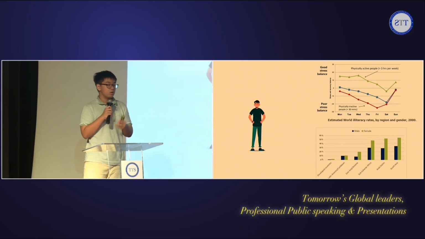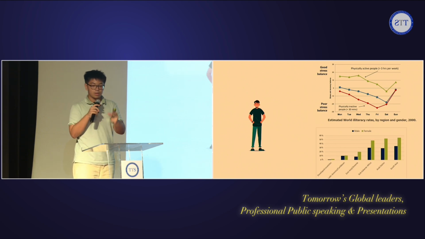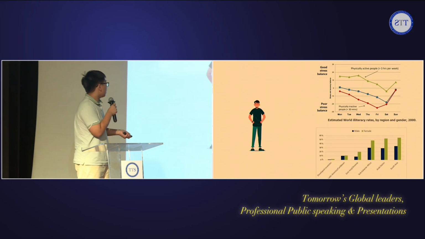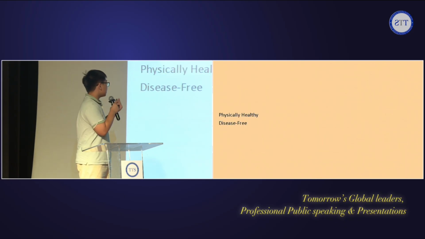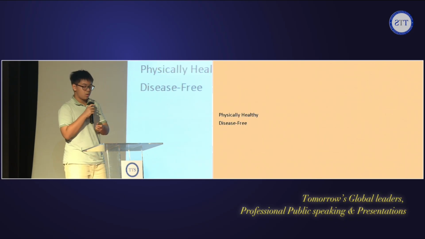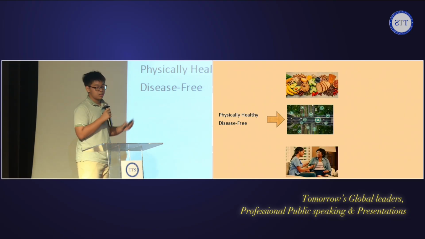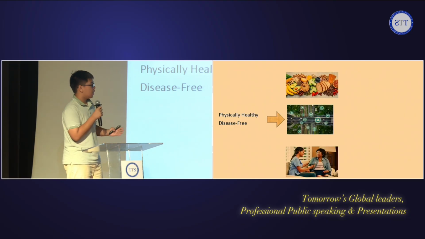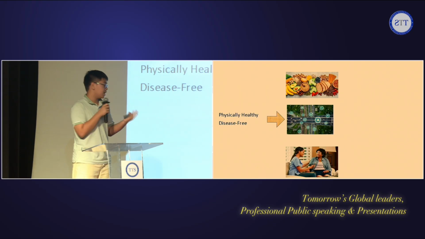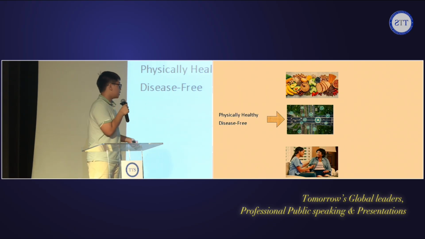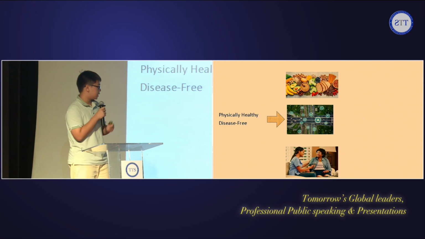So now here's where the look far step comes in: how can I link a single piece of information to the result that I want? If he's physically healthy and disease-free, I can figure out that every day he must have consumed healthy foods. The society he's living in has great infrastructure and facilities, and he is granted high quality services.